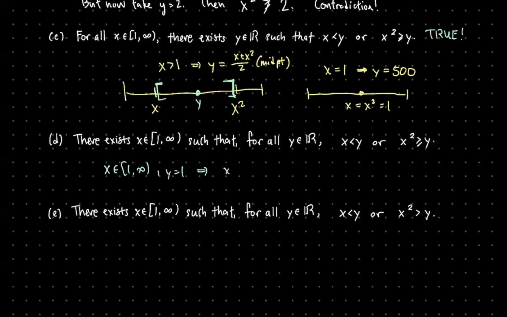So x is less than 1, or x squared is greater than or equal to 1. And none of these are surprising. Maybe if I take y equals 2, I can see that x is less than 2, or x squared is greater than or equal to 2.